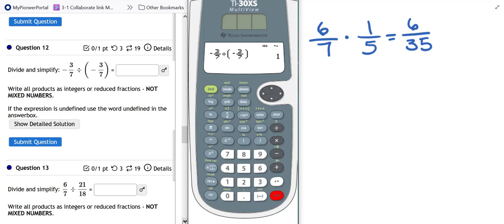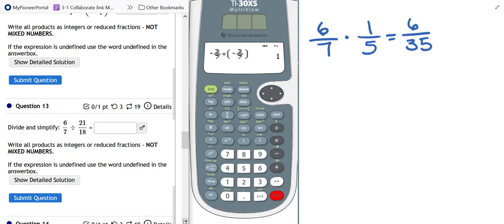Let's try another division. If we try the next one, we don't have signs on this one. So fraction button. 6, go down. 7, go out from under. Divided by fraction. 21, go down. 18.